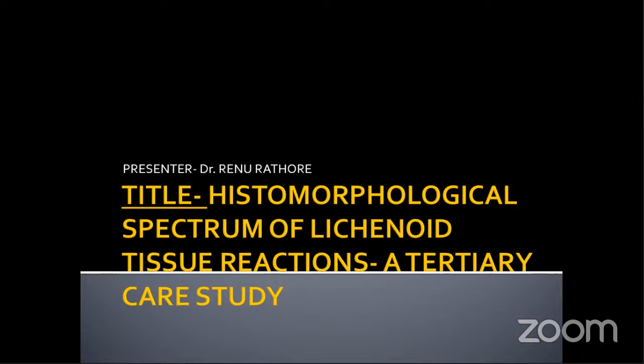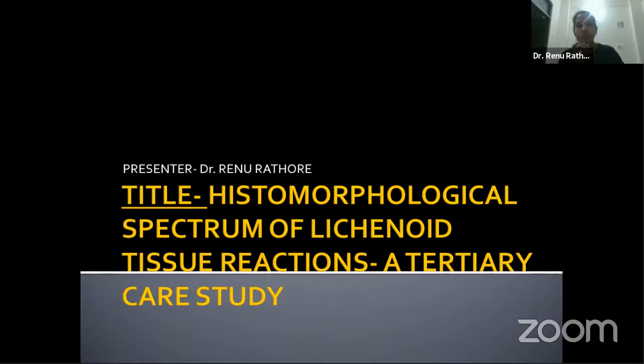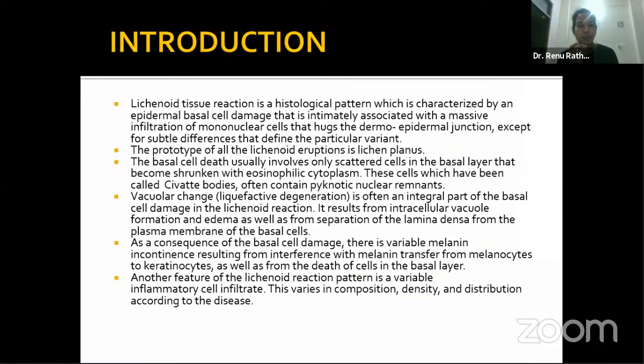So my topic is histomorphological spectrum of lichenoid tissue reactions, a tertiary care study. Introduction: lichenoid tissue reaction is a histological pattern characterized by epidermal basal cell damage that is intimately associated with massive infiltration of mononuclear cells that hugs the dermoepidermal junction, except for subtle differences that define the particular variant.